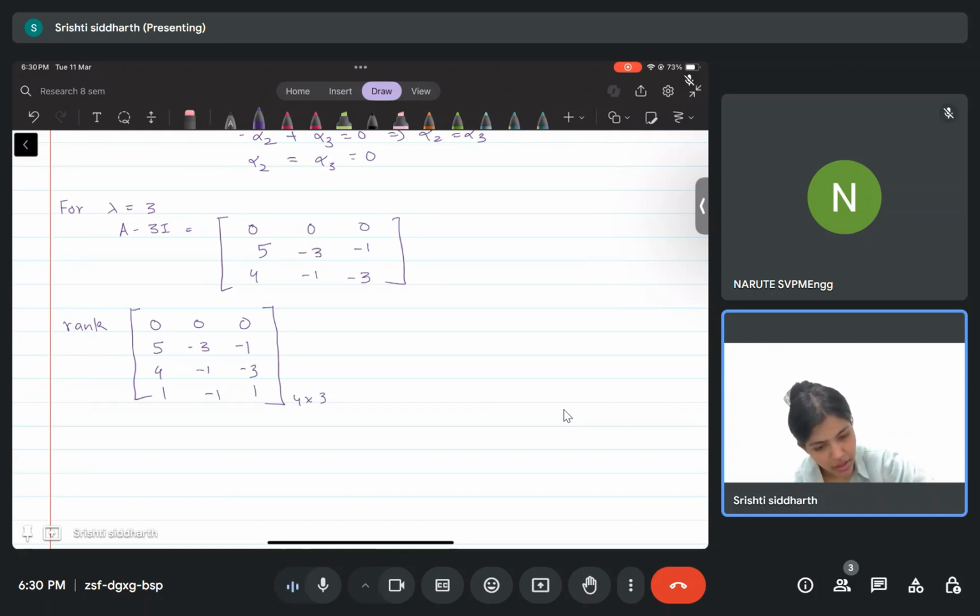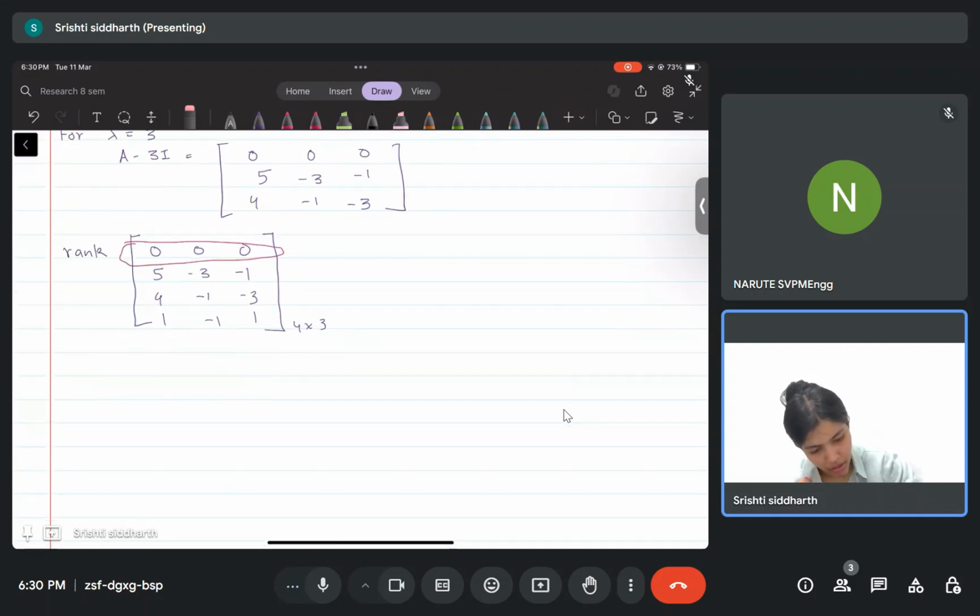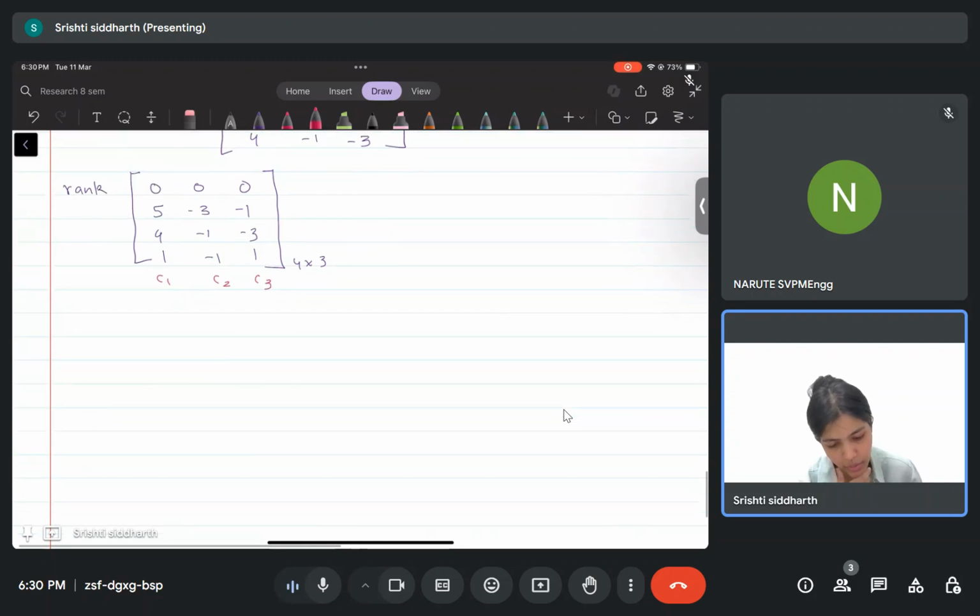You can actually see that this is a row of zeros, so there would be at most 3 independent rows, but let's find out if the columns are linearly independent. That would be easy, we can just figure it out by rows as well.